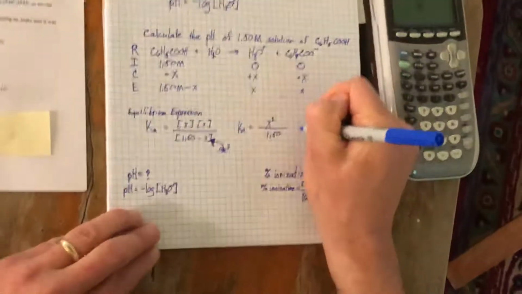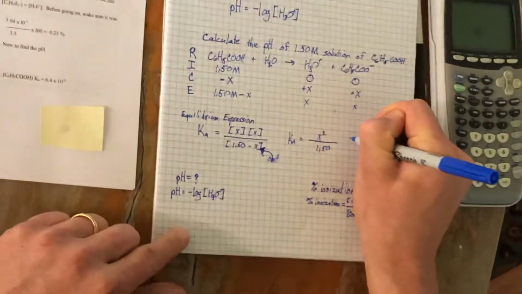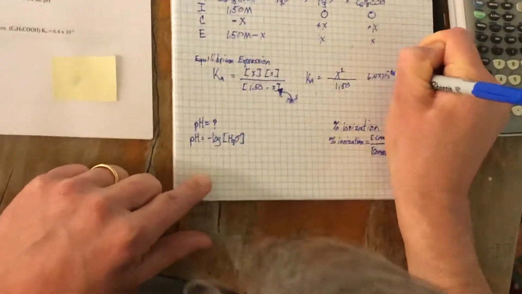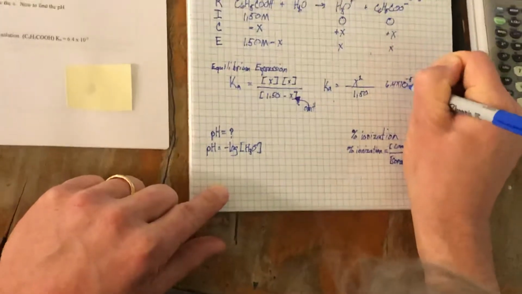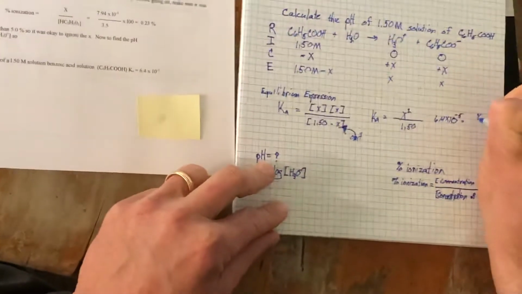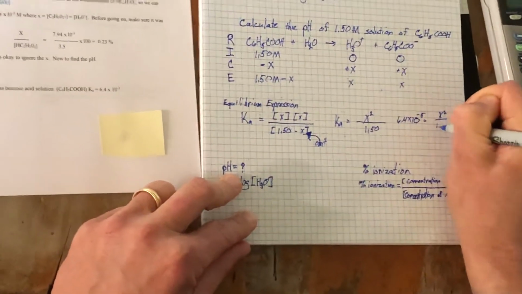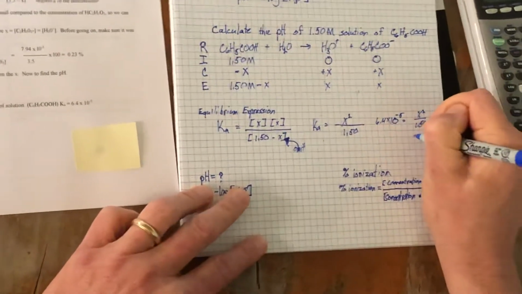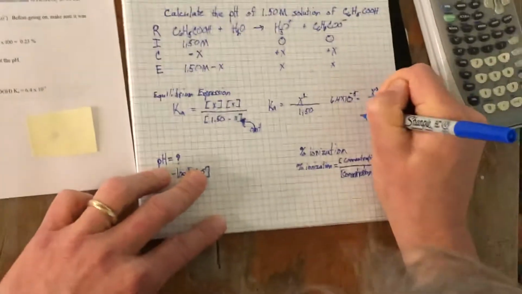So you can find it one way or the other, and you'll see that the Ka, 6.4 times 10 to the negative fifth, is equal to x squared over 1.5.